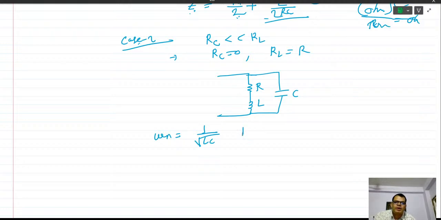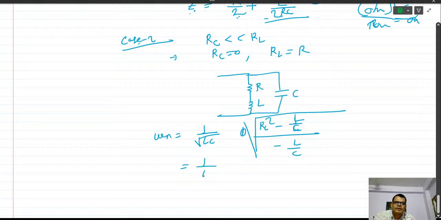So let's calculate. RL square minus 1 upon LC upon RC is 0, so minus LC.